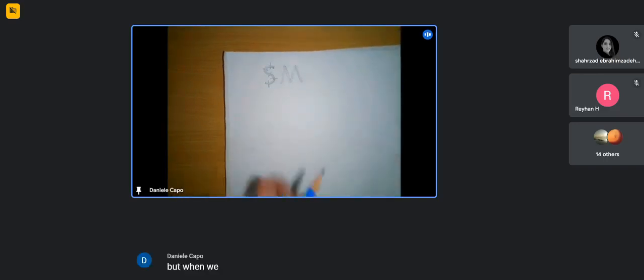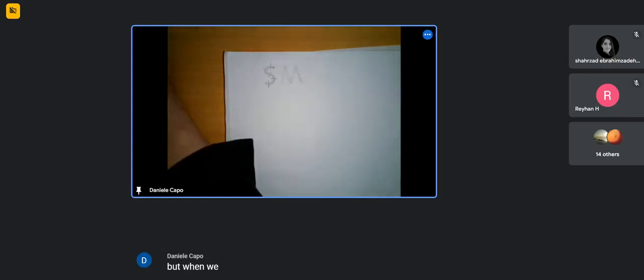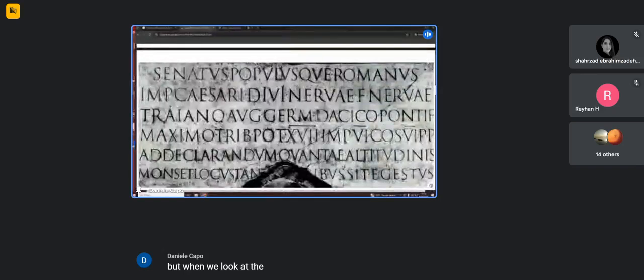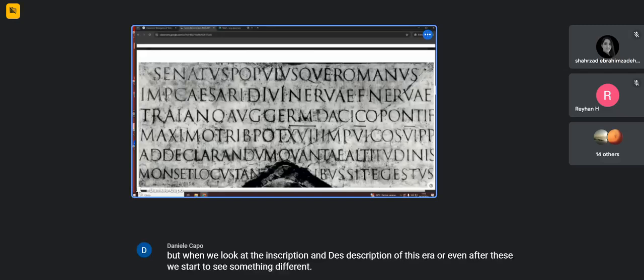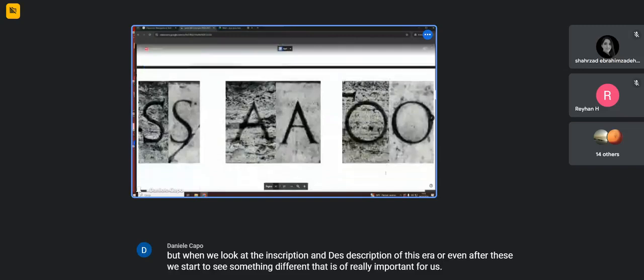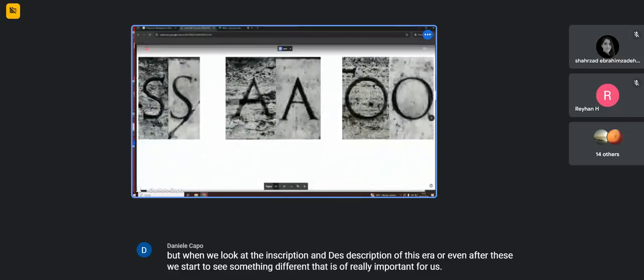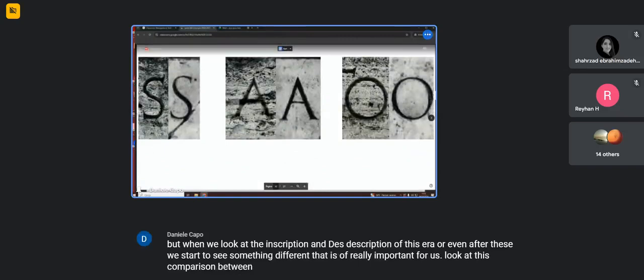But when we look at the Trajan inscription and inscription of this era, or even after this, we start to see something different. That is really important for us. Look at this comparison between these letters.